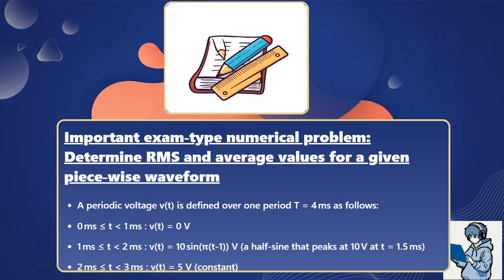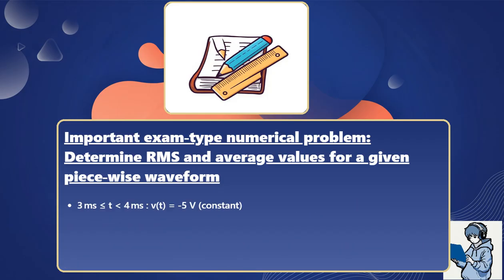For 2 milliseconds less than or equal to t less than 3 milliseconds: V of t equals 5 volts constant. For 3 milliseconds less than or equal to t less than 4 milliseconds: V of t equals negative 5 volts constant. Find the average V bar and RMS V RMS values of this waveform.